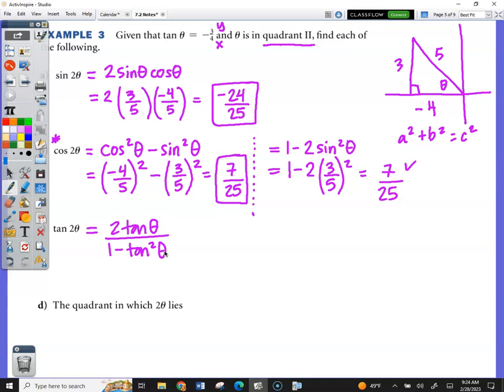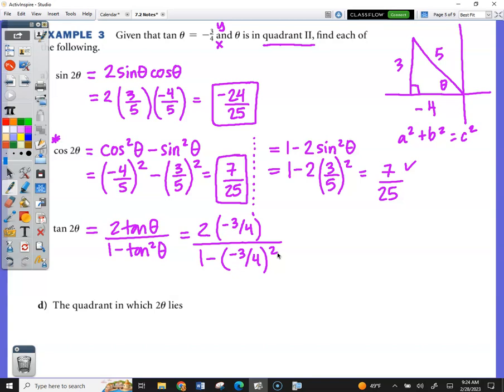All right, so tan of theta is negative 3 over 4. So everywhere in here where there's tan theta, I'm going to replace that with negative 3/4. And then of course on the bottom, be careful that is squared. Once again, the negative in the fraction does not matter when you're plugging it into the formula here.